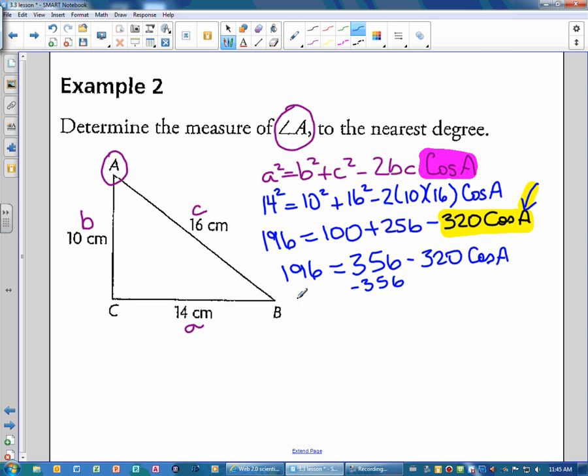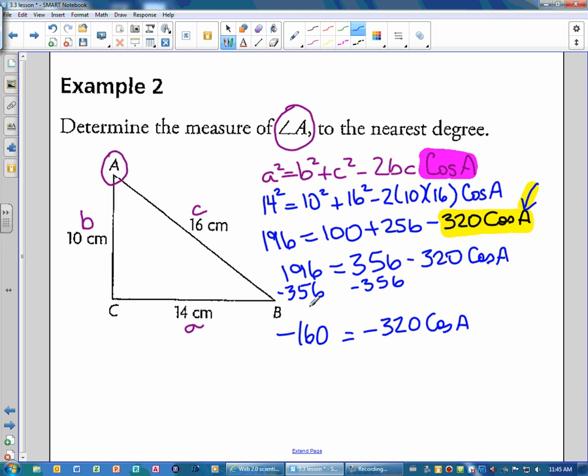Subtract 356 from both sides. This negative is attached, so this stays as negative 320 cos of A. Over here, I have 196, subtract, sorry, 196 subtract 356 is negative 160.